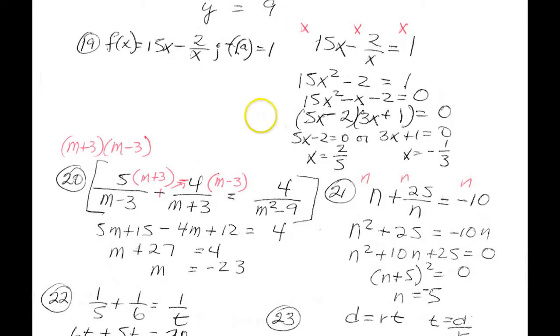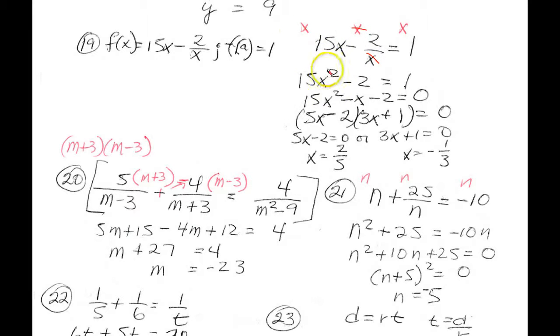Number 19. Again, function notation, it says this is equal to that. So I just set it up this way, multiplied everything by x. Here the x's cancel out.